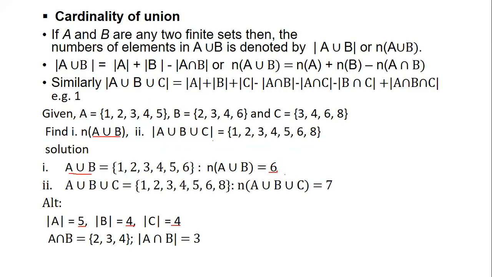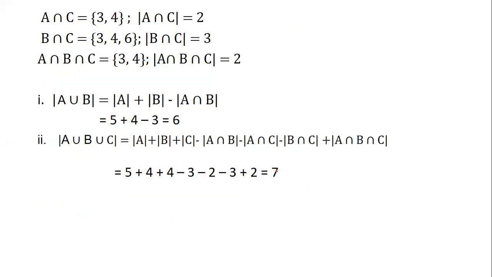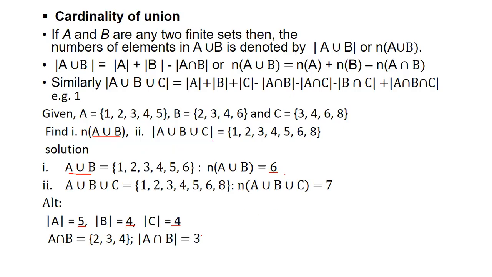Good. Now let's do the same thing for II2. We find the cardinality of A, B, C. Then we find that of A intersection B, A intersection C, and B intersection C. For A intersection B, we already used this one, so it is 3.